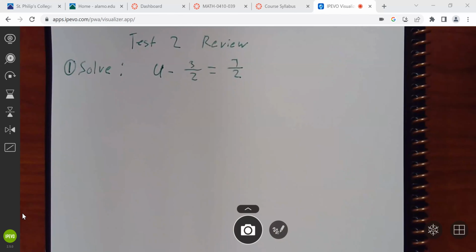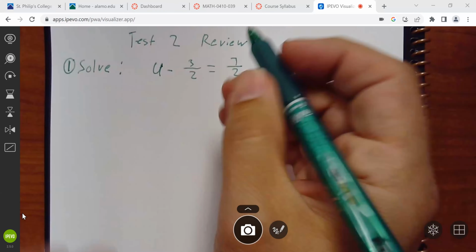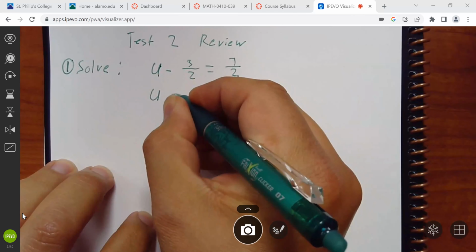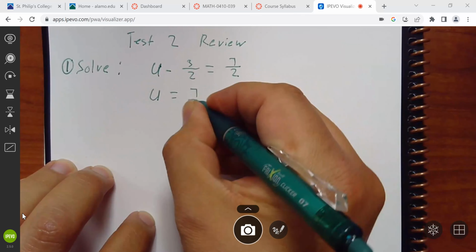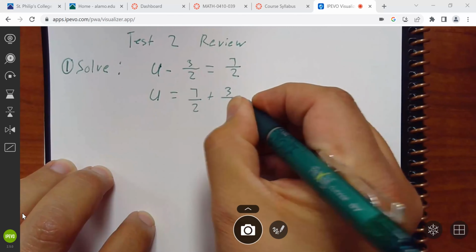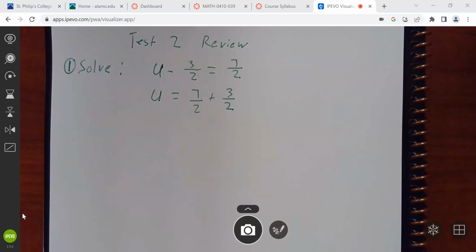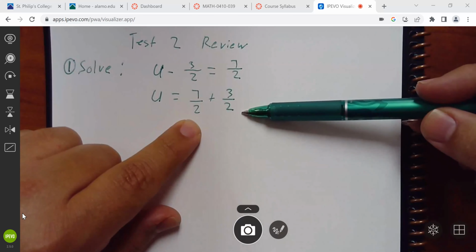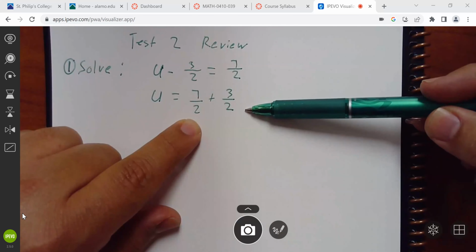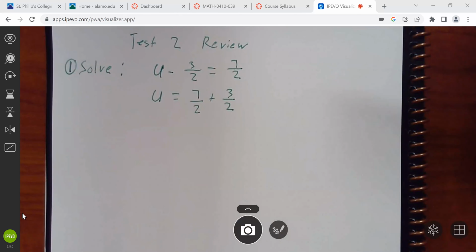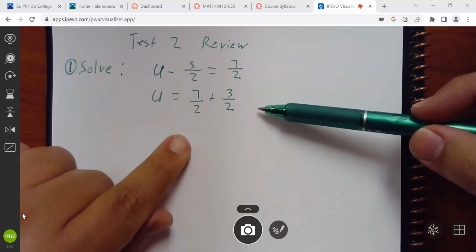Okay. All right, first step. Add it over. Do we need to worry about the LCDs? What's the LCD of these? You have to have 3 and 2. We already have it, right?